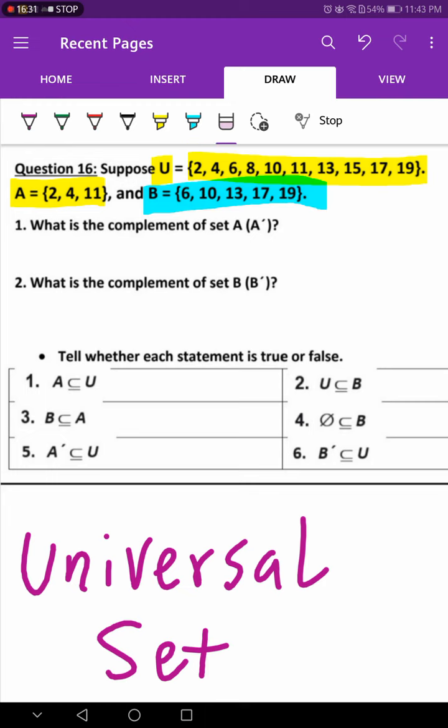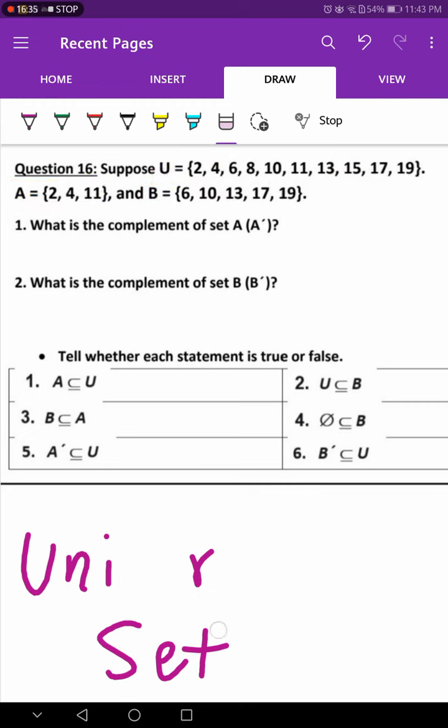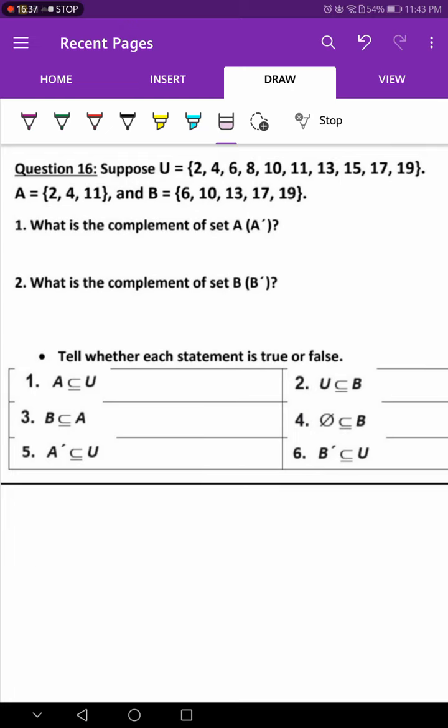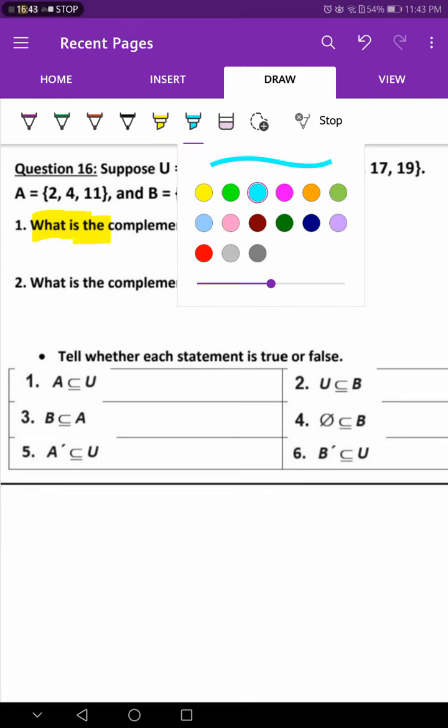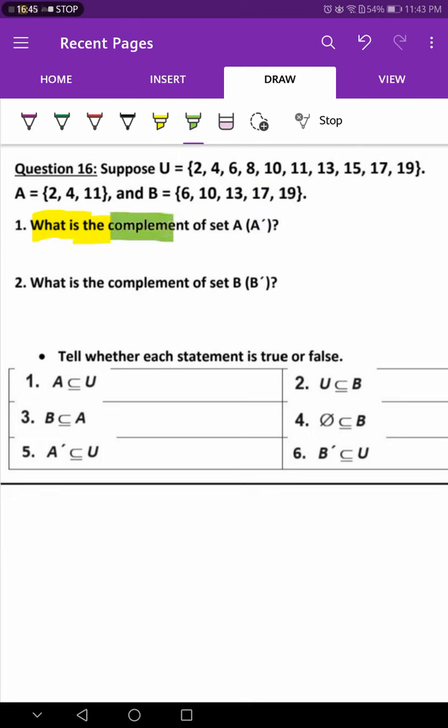Now pay attention, my student, it is for you. Let us read the question and start from the beginning. What is the complement of set A prime? Okay, we read it, A prime.